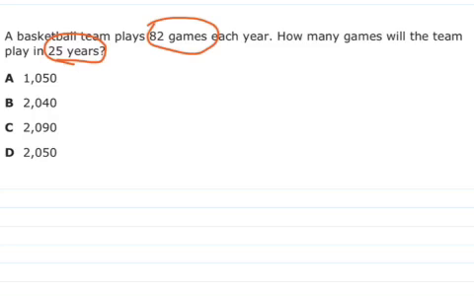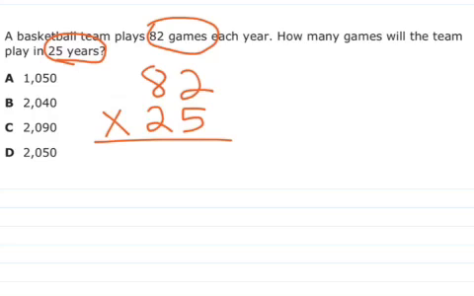So we're going to use the traditional method. We're going to put 82 times 25. Now, if you look at the problem, 82 times 25, let's make it a simpler problem. Let's look at it as 82 times 5.